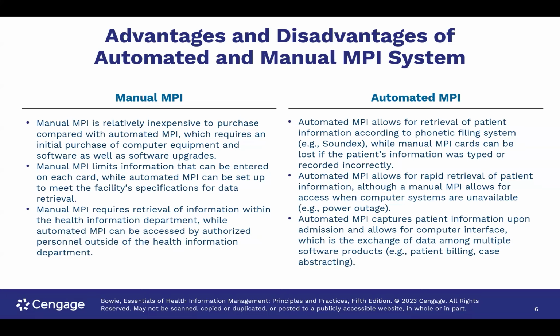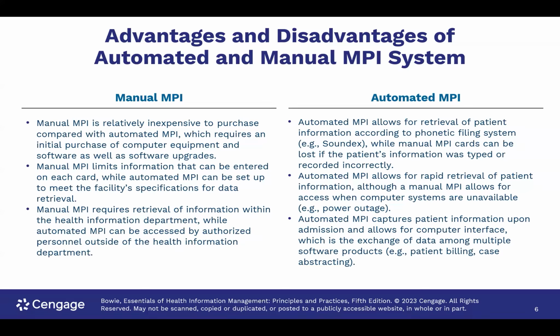And again, an automated MPI, since it's a relational database, you can keep adding tables to it to meet the facility's growing expectations for data and data retrieval. The manual MPI requires retrieval of information within the Health Information Management Department. So again, that's both a good thing and a bad thing. It's more secure, but if you have somebody who needs information from the MPI and they're outside of the HIM department, they're going to be locked out.